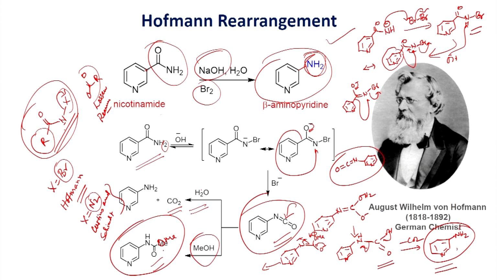So, if you add methanol, you will be able to produce the carbamate as the product. Now let us look at some more examples.